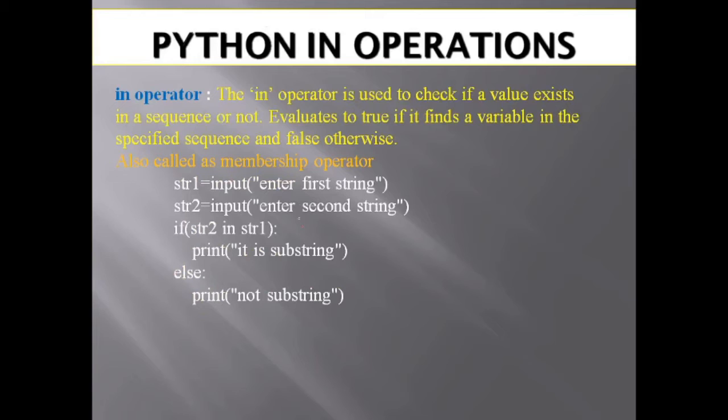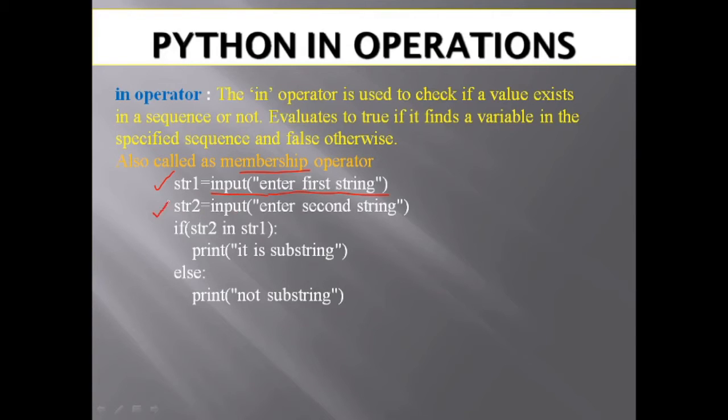Now what is meant by the in operator? The in operator is used to check if a value exists in a sequence or not. It evaluates to true if it finds a variable in the specified sequence and false otherwise. It is also called a membership operator. Suppose see this example, which we have taken from our program. Our input variable is str1, and in that str1 we have stored one string from the user using the input function.